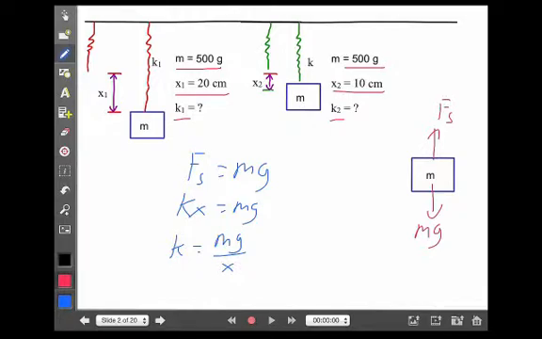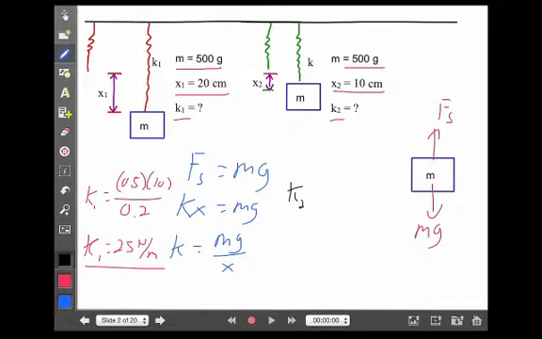So the first k value, k1, would be the mass, 500 grams, which is 0.5 kilograms, times gravity, all divided by 0.2 meters, or 20 centimeters, which gives an elastic constant of 25 newtons per meter.